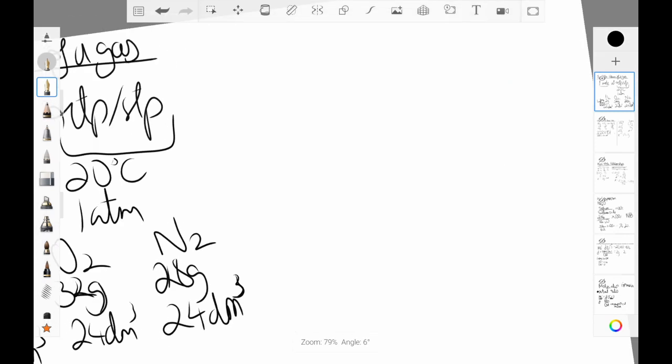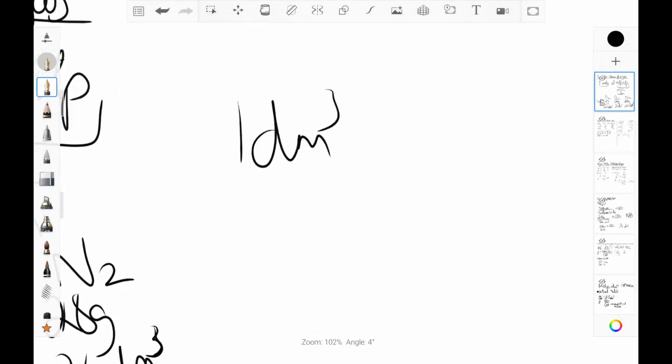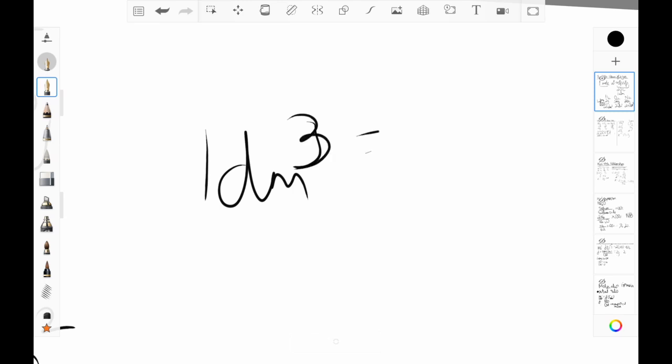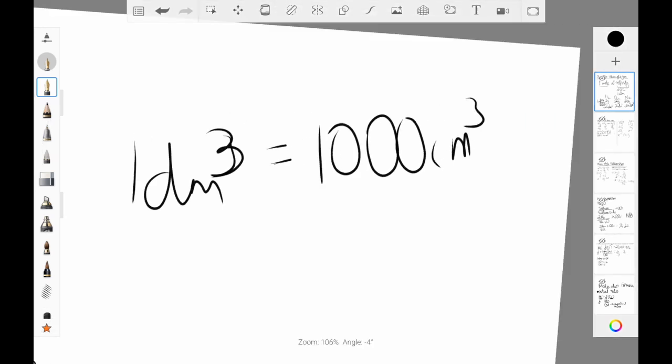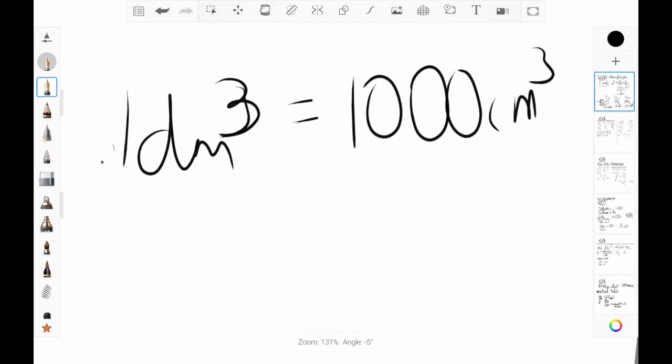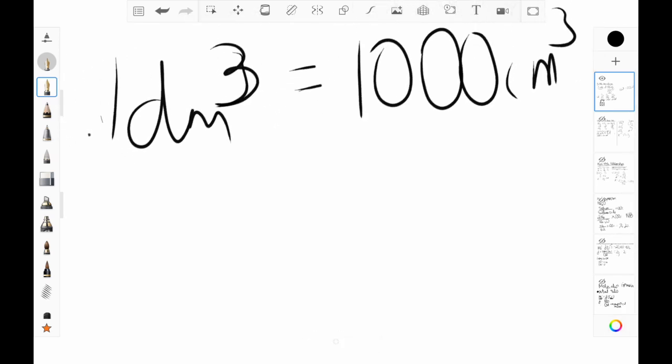Keep in mind, 1 dm cube is 1000 cm cube. So 24 dm cube is 24,000 cm cube.